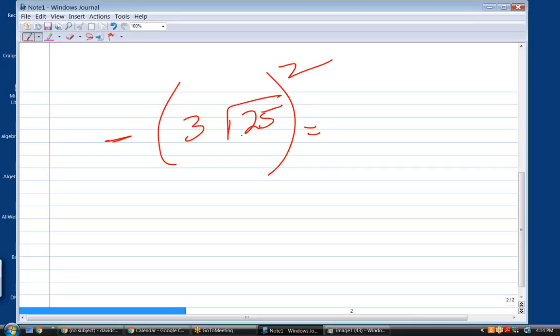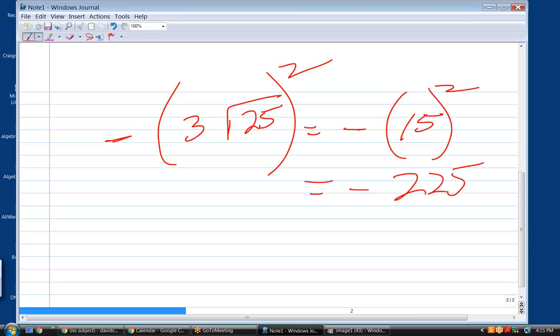Let's simplify square root of 25 first. What's the square root of 25? 5. Now, 5 times 3 is 15. So it's minus 15 squared. And that is minus 225.